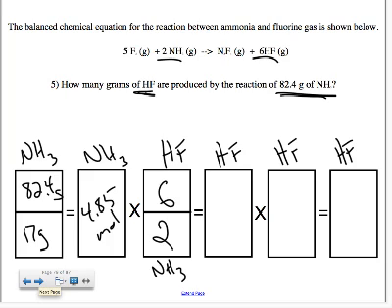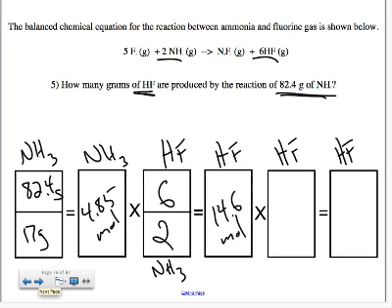So 6 over 2, 4.85 times 6 divided by 2 is 14.6 moles, rounding to 3 significant figures there.